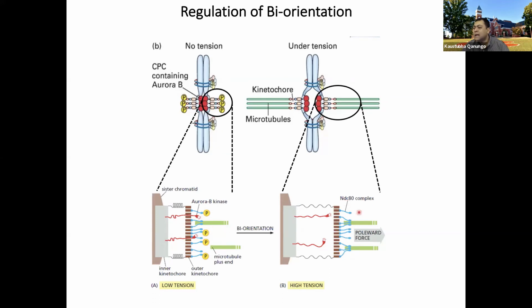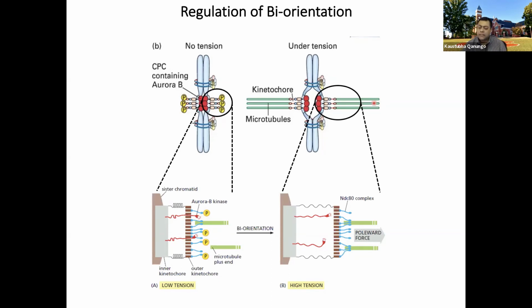Basically, this helps in the biorientation, because without this phosphorylation, the attachment of the NDC80 complex to the microtubule is much stronger. This is a high tension, and this is pulling the two kinetochore regions apart. And at some point of time, these cohesins will also degrade so that they are pulled apart as well.